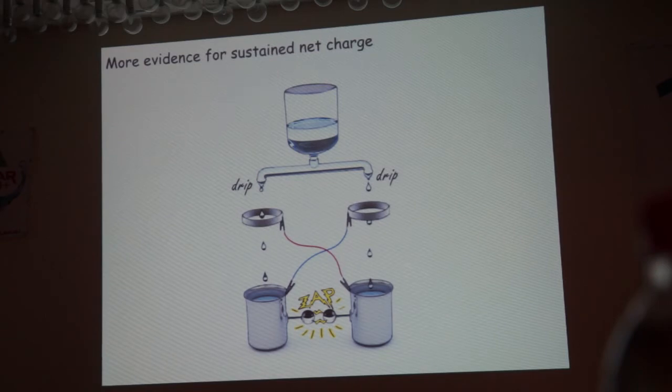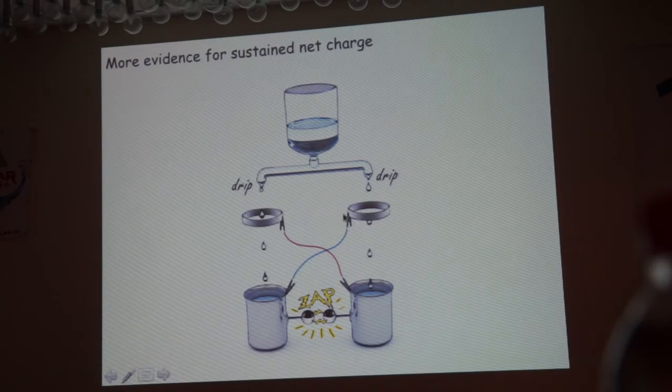This is Lord Kelvin who first did it, and it's really cool. You take some water, one source of water, and divide it into two, and then the water drips into this container and then into this container. The two containers are made of metal, but you also put a ring here and a ring here, and each ring is electrically connected to the metal container.